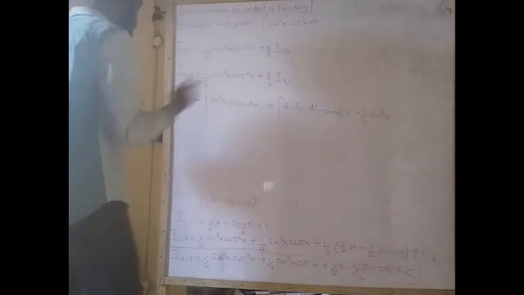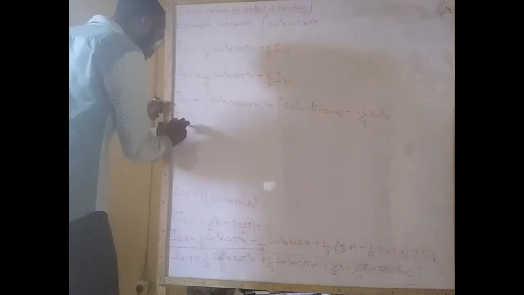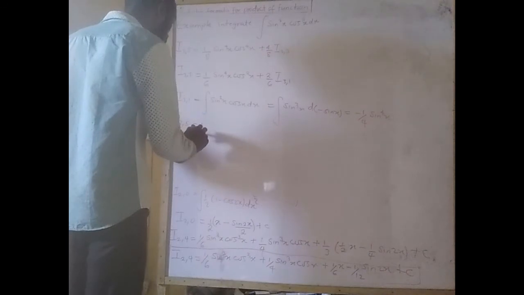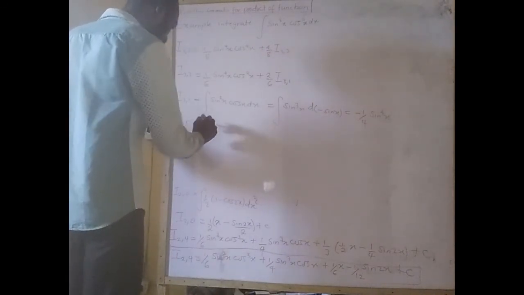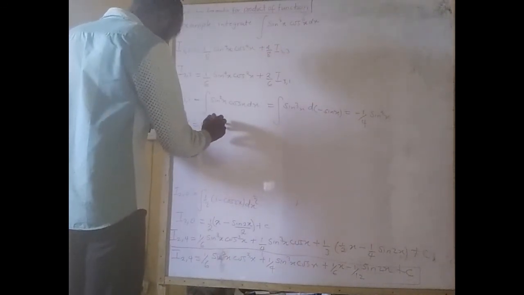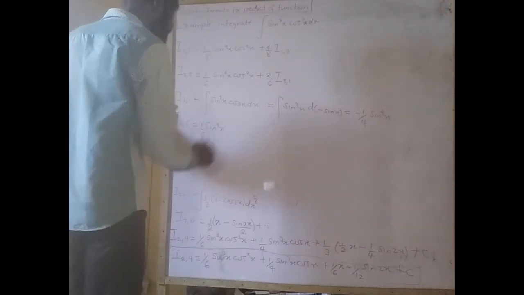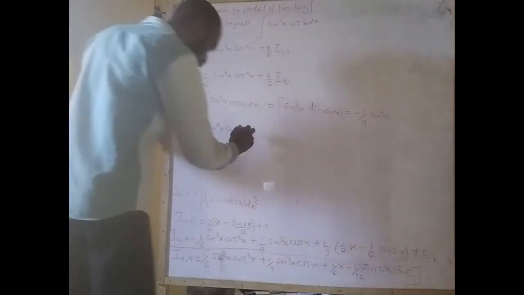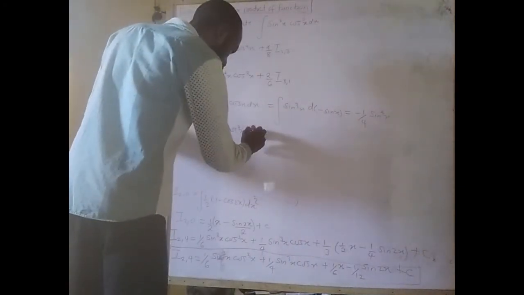Now my I of 3 comma 5 will just be equals to 1 over 8 sine 4x cos 4x plus 4 divided by 8 is 1 over 2.